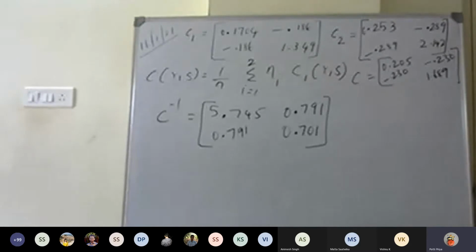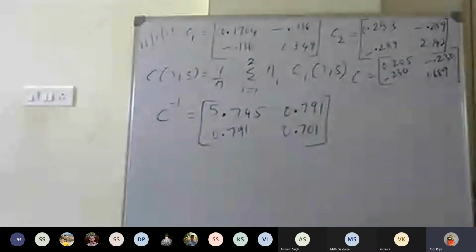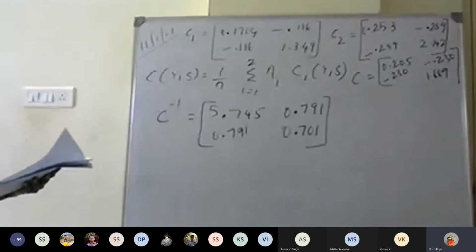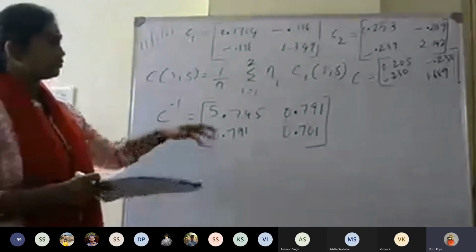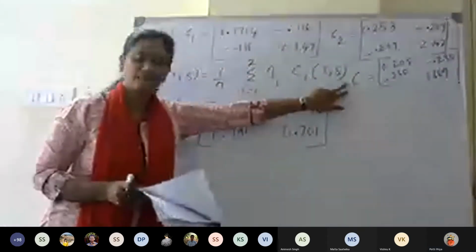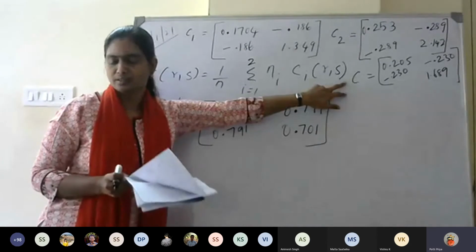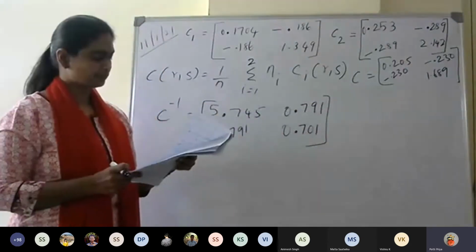Based on that, C inverse will also vary, no, ma'am? I got 4.2315, 0.5762, and then it varied a lot actually. I directly put it in the calculator. Okay. For this C matrix, you are getting a different C inverse. Yes, ma'am. Okay.